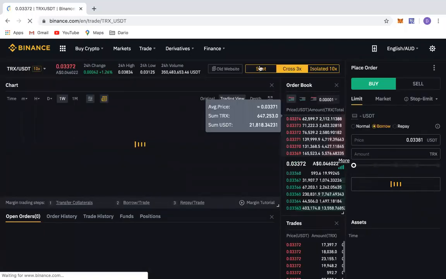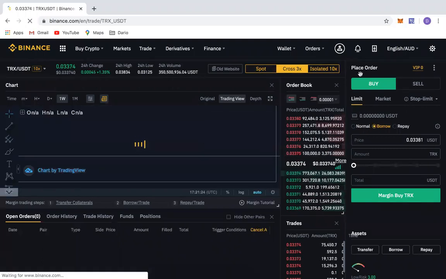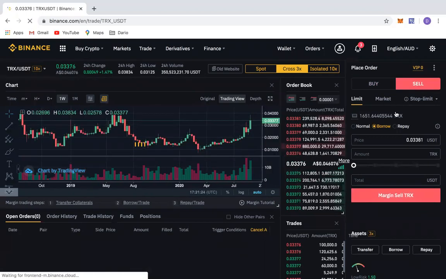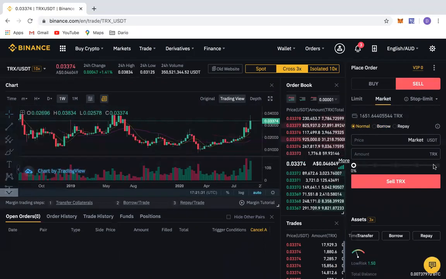Remember, if you didn't come in through the margin section, you're going to select it up here. So I loaned $40 worth of Tron. I want to short. Now I'm going to click normal, and I'm going to market sell. Normally you'd use a limit, but just for example purposes, we're going to market on normal. We're going to sell that TRX.